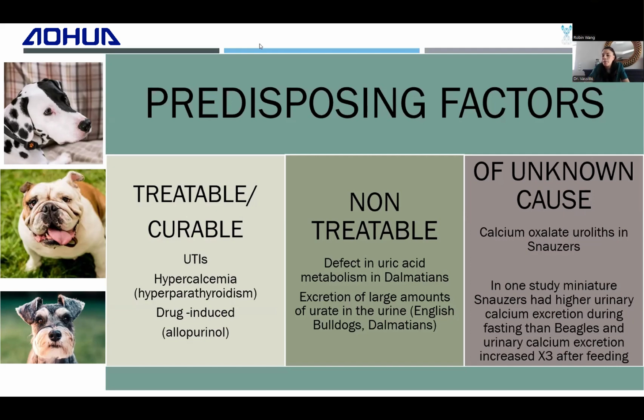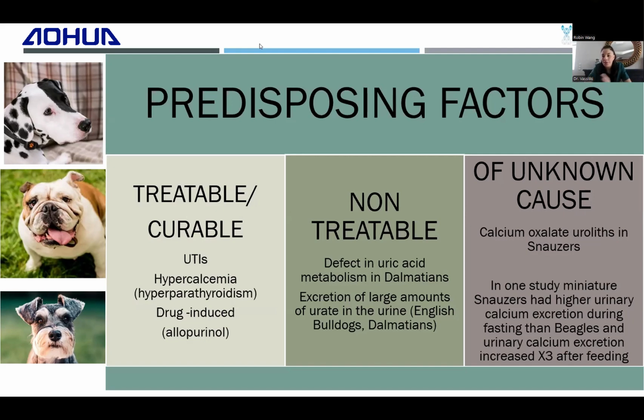A very good example of that is the calcium oxalate uroliths in Schnauzer dogs. In one study in miniature Schnauzers, they had higher urinary calcium excretion during fasting than Beagles, and the urinary calcium excretion actually increased three-fold after feeding.